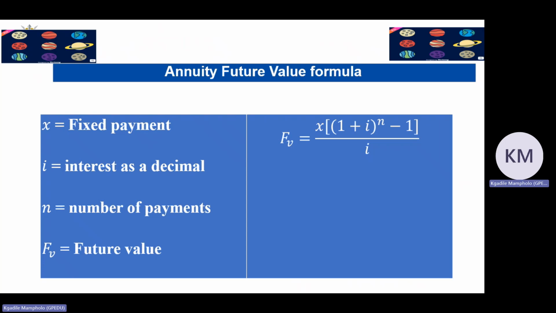N is the number of payments. In grade 11, we defined N as time, but in this case, it's defined as the number of payments. You'll see when we work out some of the questions why N is the number of payments. Then we have F as the future value, then the formula as shown in the right-hand column.